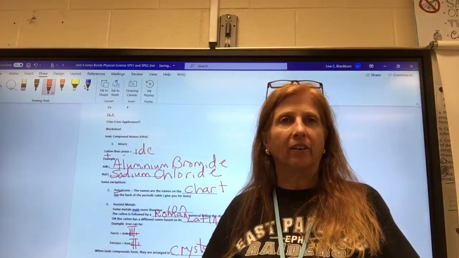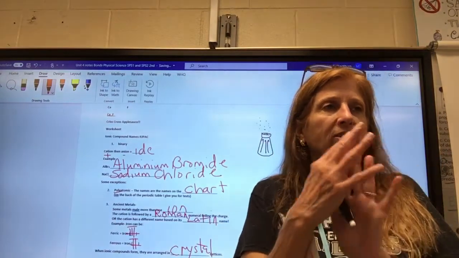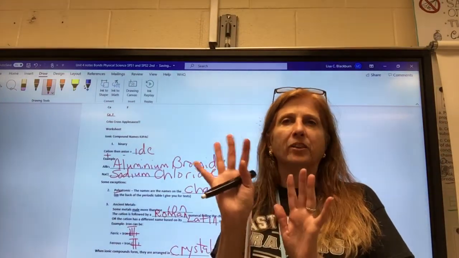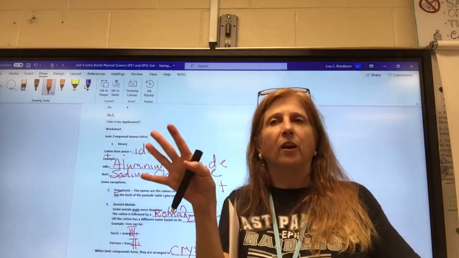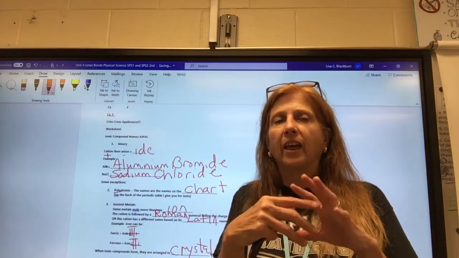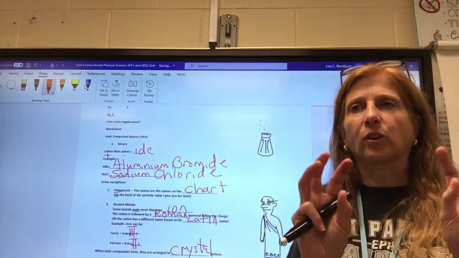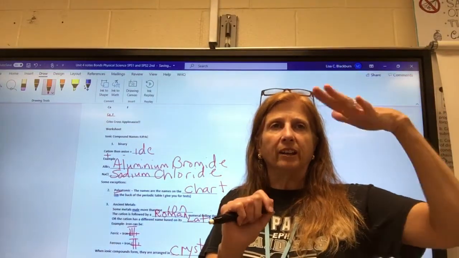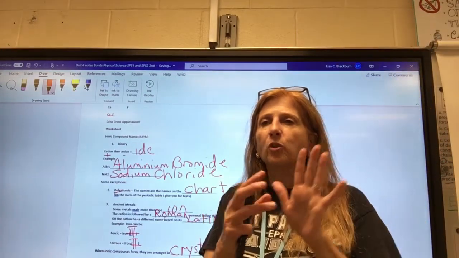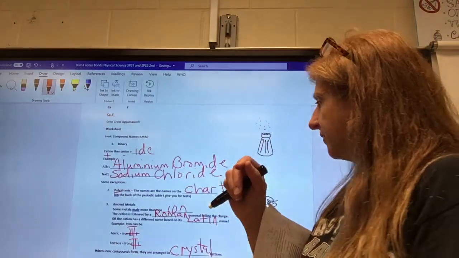They're pretty, aren't they? Or have you ever cracked open a geode and there's crystals inside? Has anybody ever done that? I've never found a geode out in the wild. But in some areas, they have them where you can find them in creeks and you can bust them open and see the crystals. I've never done it. Have any of y'all done that? Those would be ionic compounds on the inside in crystal lattices.